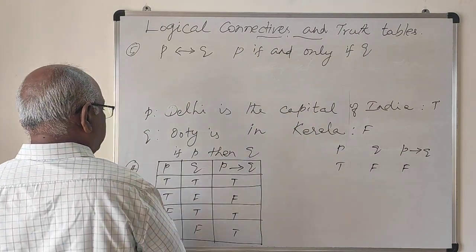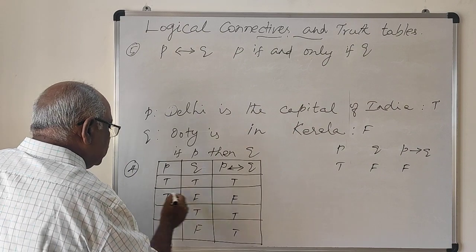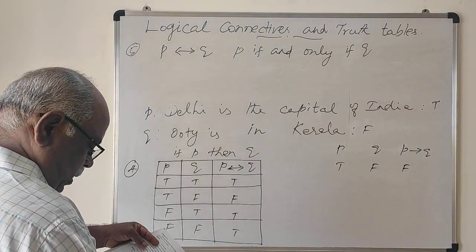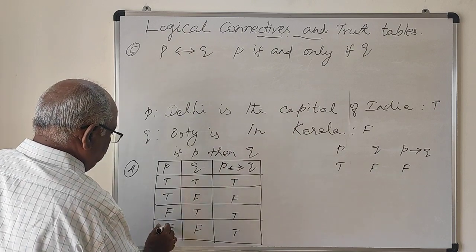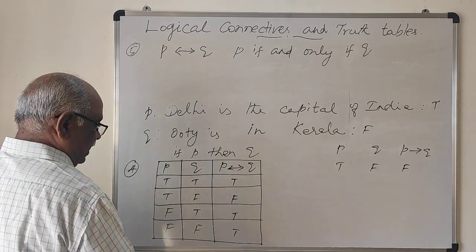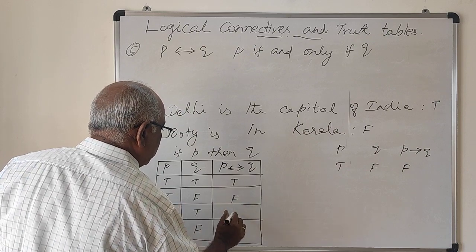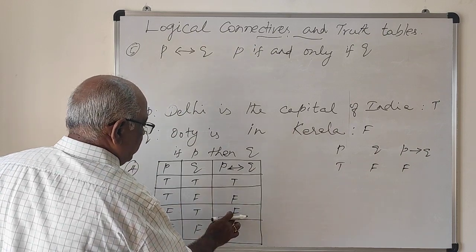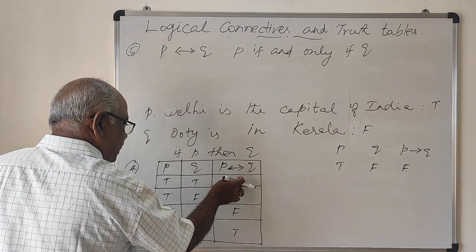In this case, for the biconditional statement, both are T, the value is T. Both are F, the value is T. For the middle two, you have false values. If both P and Q are true, the bicondition is true.